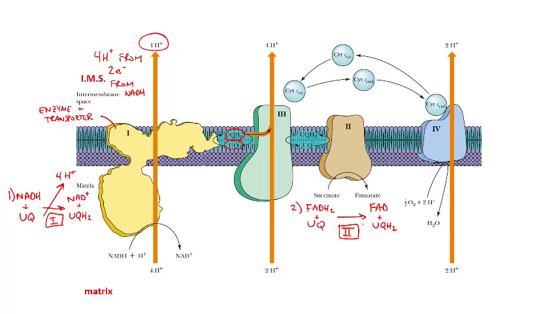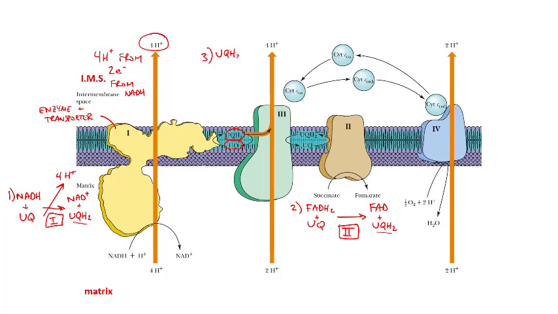Next step, complex 3. What happens at complex 3? So we've generated this reduced electron carrier, UQH2, and now we're going to hand off the electrons once again.